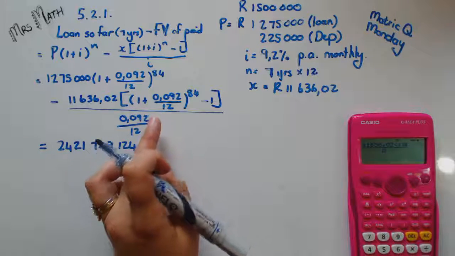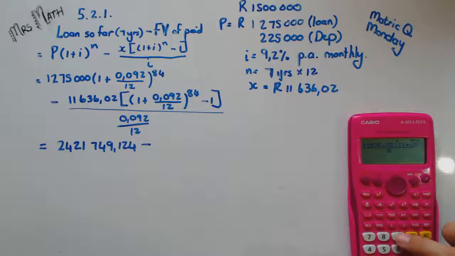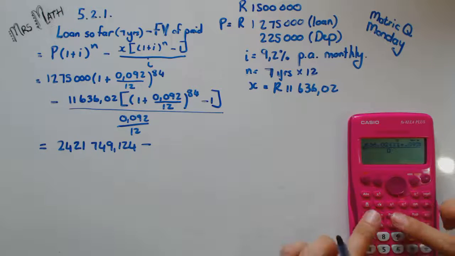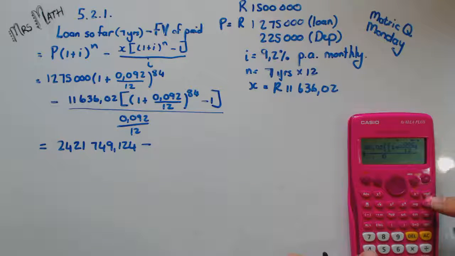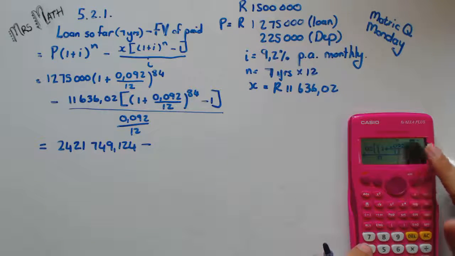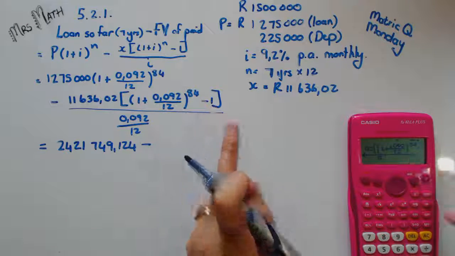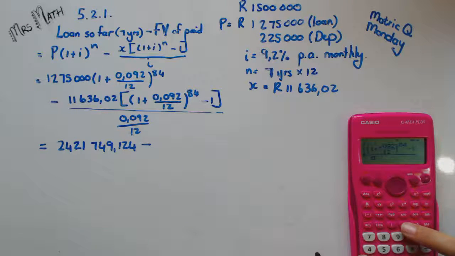I fill this in my calculator exactly, 0.092 over 12 to the power of 84. Just make sure you press the button to go down from the 84 before you put in the minus 1, over 0.092 over 12. Okay, that seems correct.